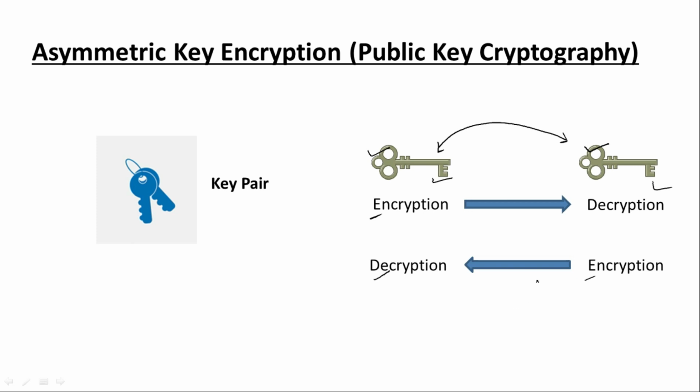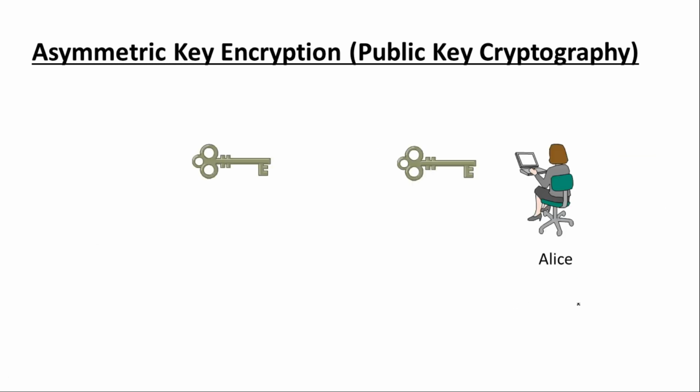Now let's understand practically. So she's Alice, she generates her pair of keys and she considers that this is my private key which I'll be keeping secret, and this is my public key which I will advertise publicly.